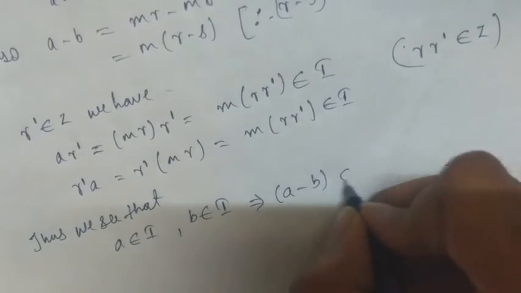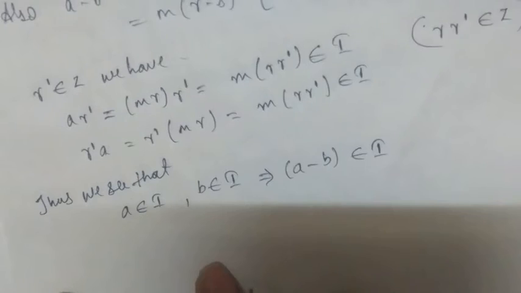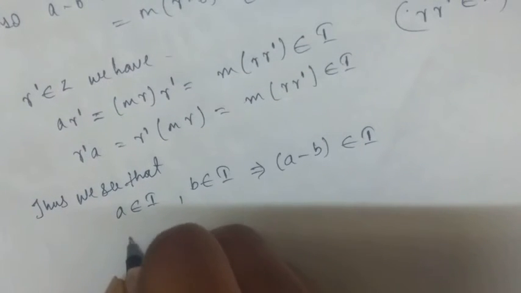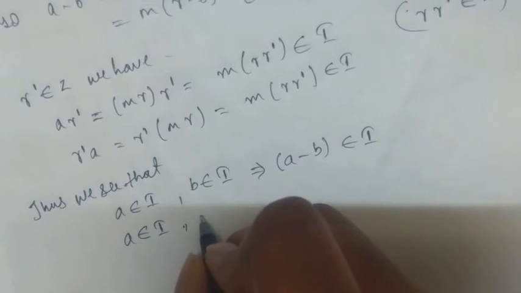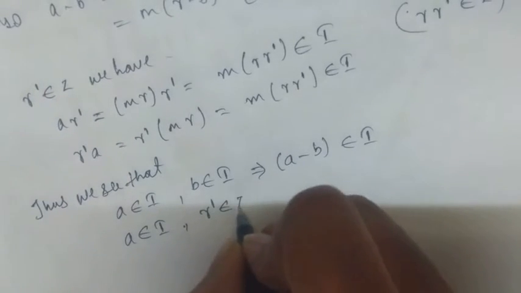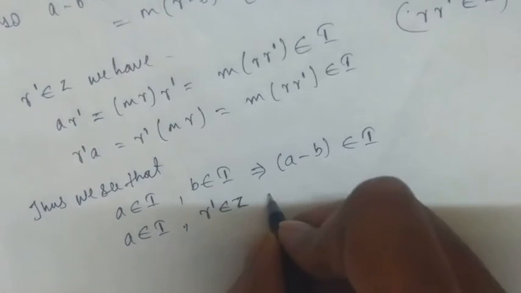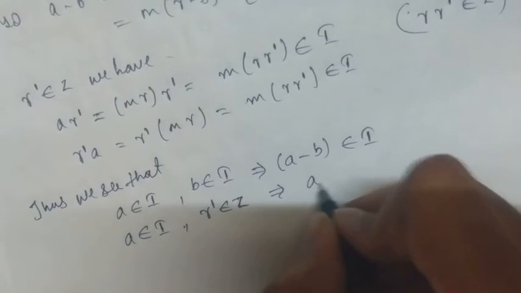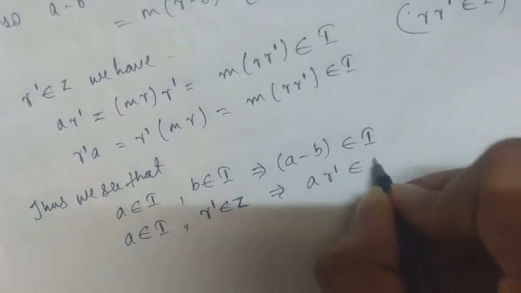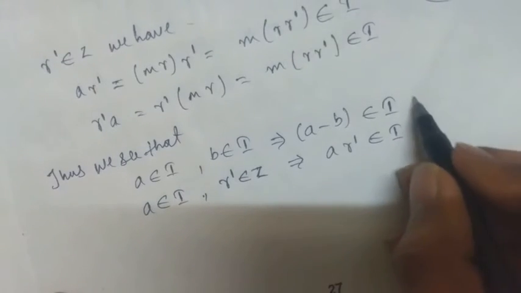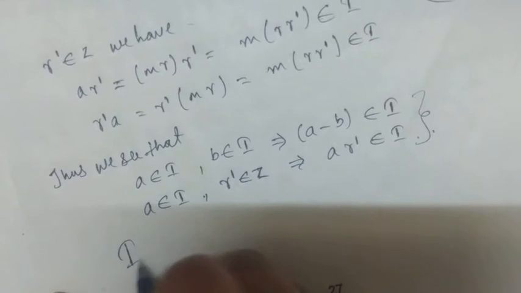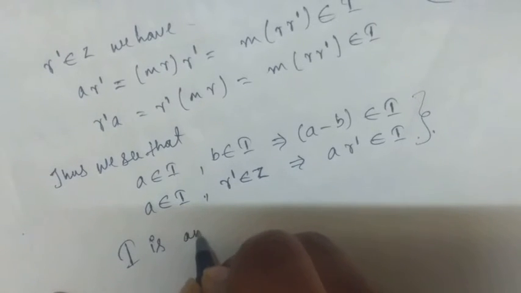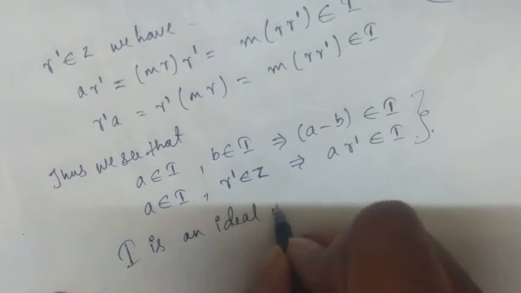That is, a minus b also belongs to I, the first property of an ideal. Where a belongs to I and r dash belongs to z, that is an integer, a r dash also belongs to I. So hence by this too we can say that I is an ideal of z.